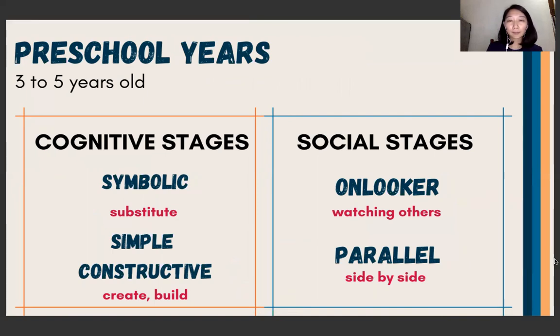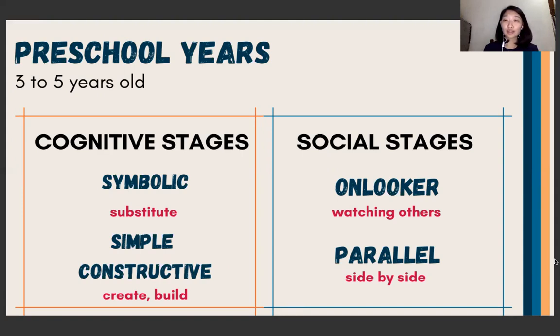For example, a toy spoon can turn into a telephone, or a toy ball can turn into a sun in the sky. For simple constructive play, a preschooler uses objects to create or build something. These toy blocks are now used to build towers or houses.